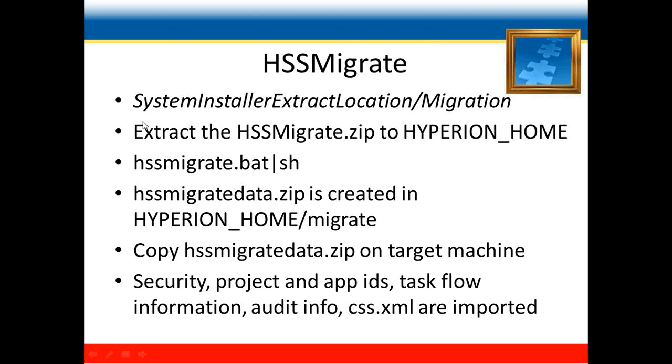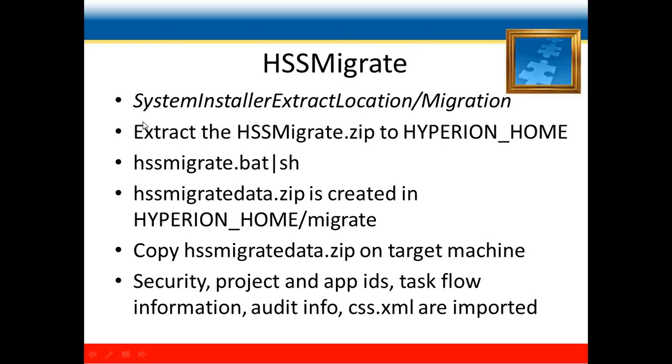Then after extracting, from the command prompt, you can call this HSS migrate.bat utility. After successful completion of this utility, an HSS migrate data.zip file will be created under Hyperion home, in the migrate directory.